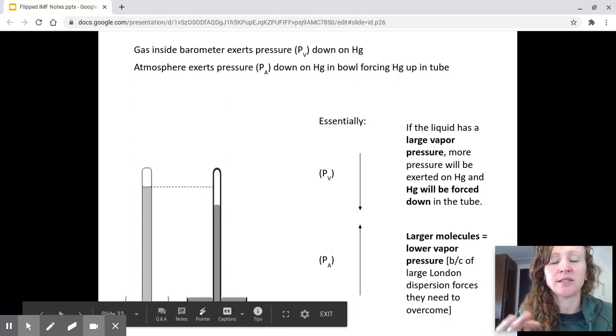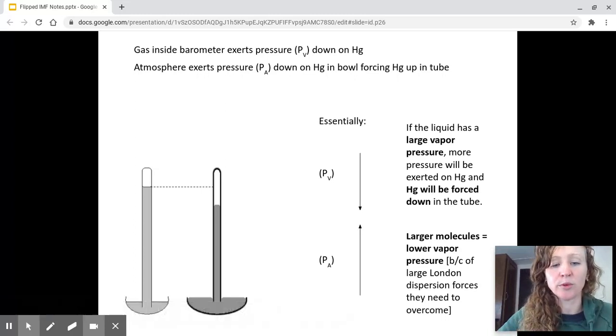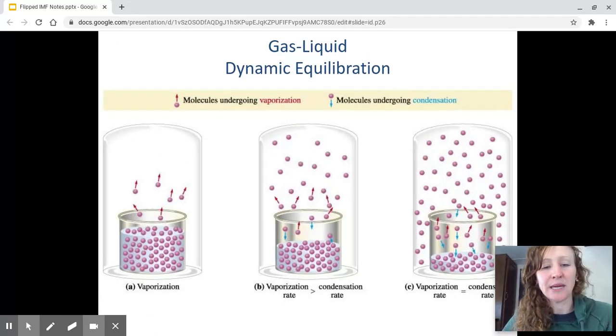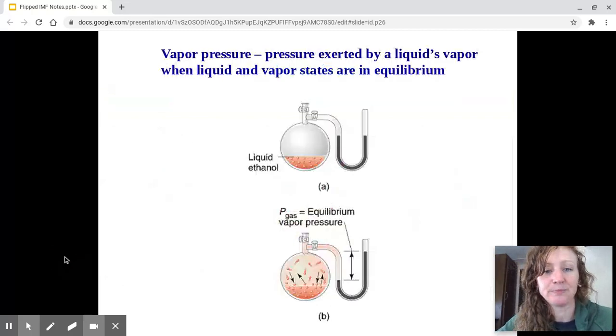Okay, this is the same idea shown to you with a barometer. This is the same idea shown to you in terms of like a particle representation. If you want to pause the video and think about this, you can.